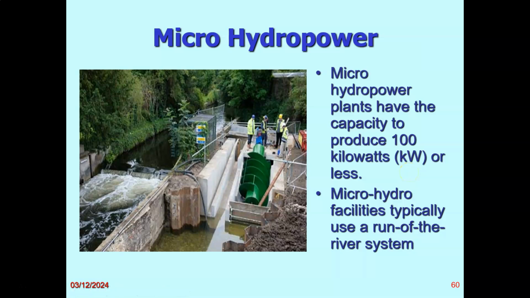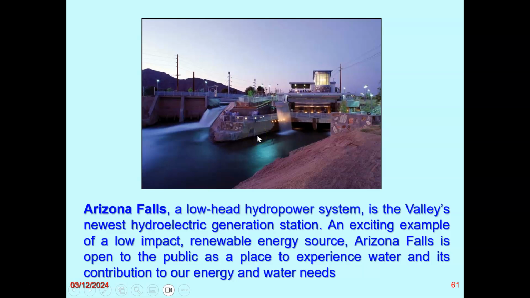Micro hydro facilities are typically installed using the technology of a run of the river system, as you can see here. So you have the main stream and then you have a diversion.